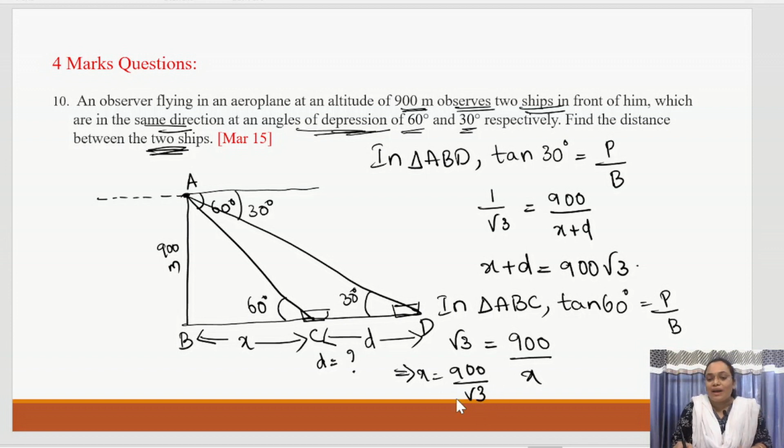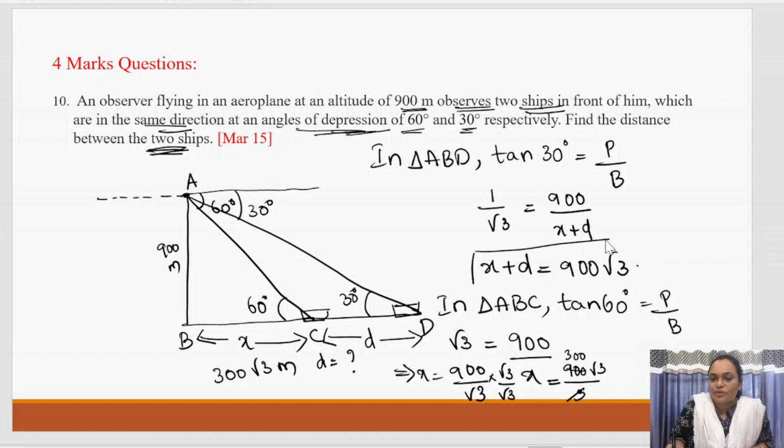When you have root 3 in the denominator, you can multiply and divide by root 3. You will get 900 root 3 by 3, which is 300, right? So you will get the x value as 300 root 3 meters. Now substitute it in this, so that you will get the distance.